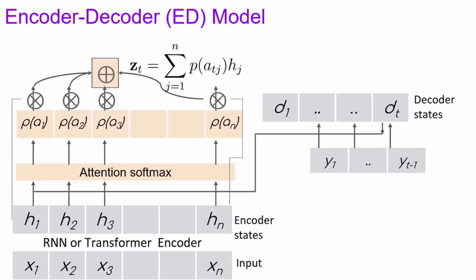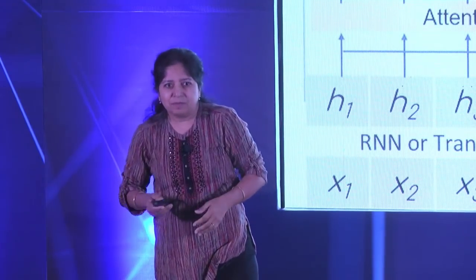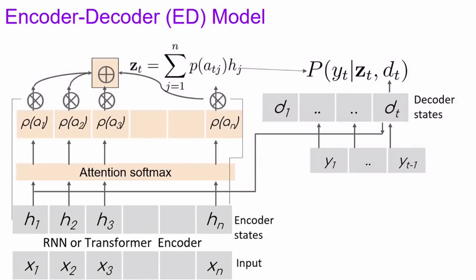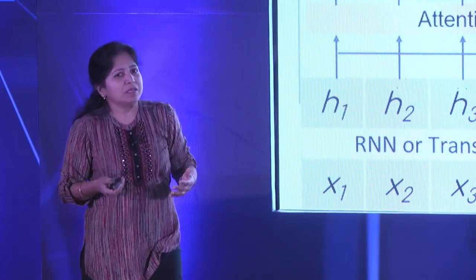So Zt you can think of as a diffused soft representation of the input word which is currently being translated. And that is used along with the decoder state, which captures the language model of the target sentence, to generate the tth word. So this is how the daunting full dependency is handled in the encoder-decoder model.